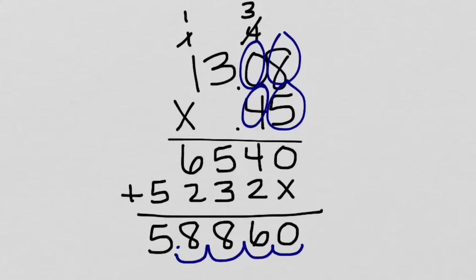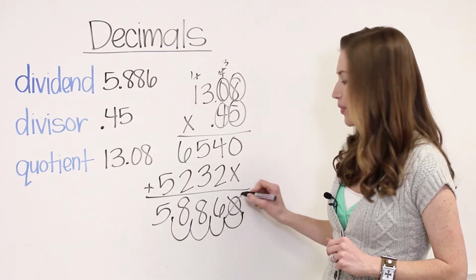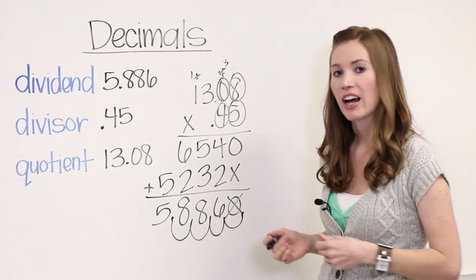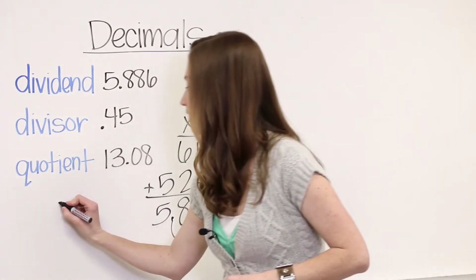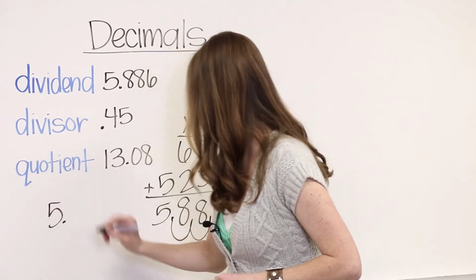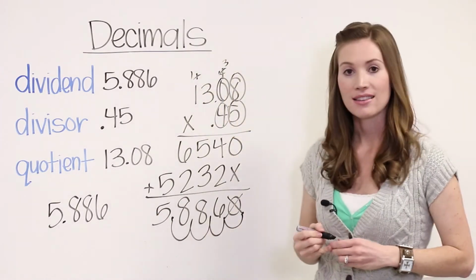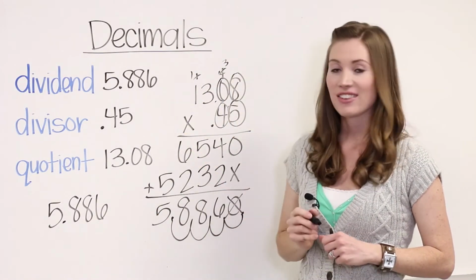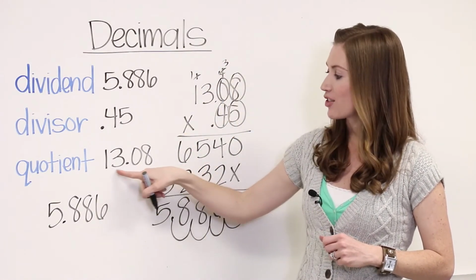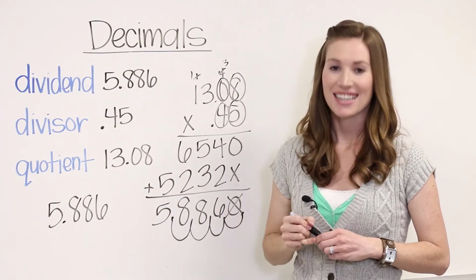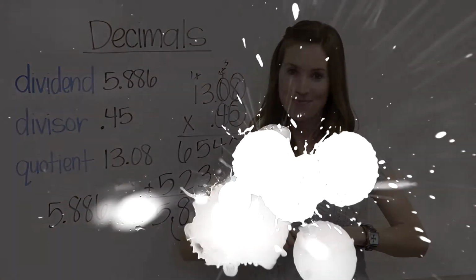And let's rewrite our final product. We're going to leave out the 0 because it doesn't change the value of our number. 5 and 886 thousandths. That matches our dividend, so our quotient of 13 and 8 hundredths is correct. Great job.